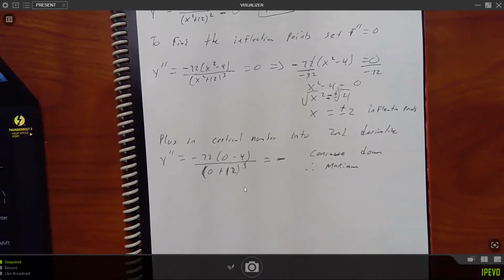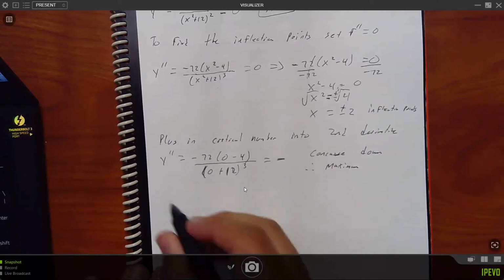Okay, so we found the extrema, found the critical, found the inflection points. Now we just need to find the y values, right? Because all I have is the x values right now. So we need the original.